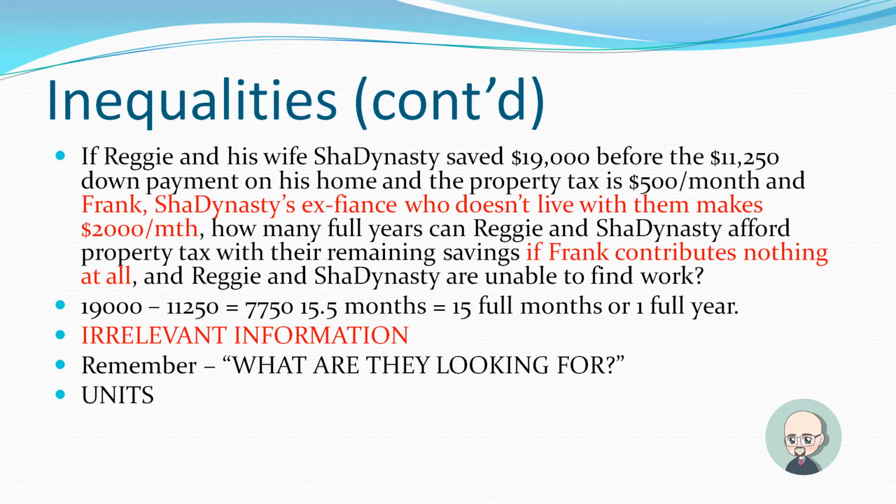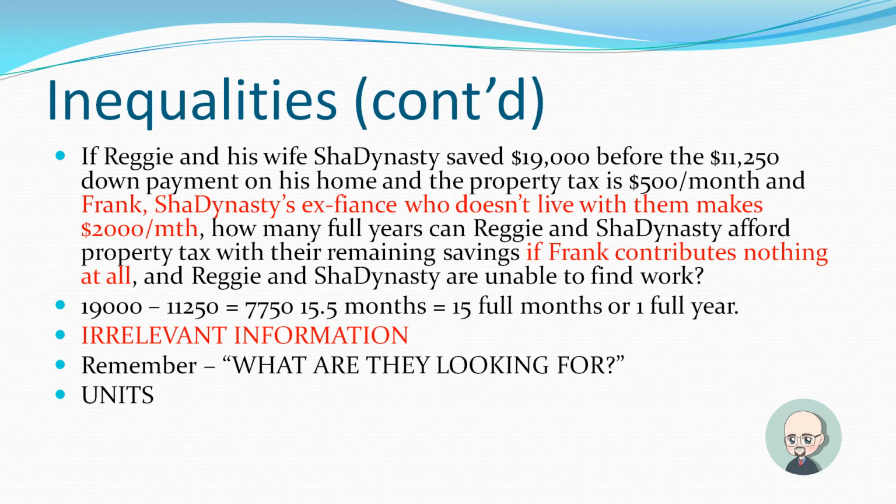And Frank, Dynasty's ex-fiance, who doesn't live with them, we don't care about him, makes $2,000 a month. Who cares? They don't live with them. That's irrelevant. How many full years, so a year is 12 months, can Reggie and Dynasty afford property tax with their remaining savings if Frank contributes nothing at all? See, it says Frank's not contributing. He's a bum. He has nothing to do with them. And Reggie and Dynasty are unable to find work.